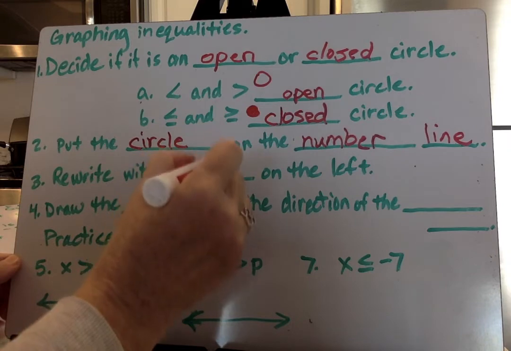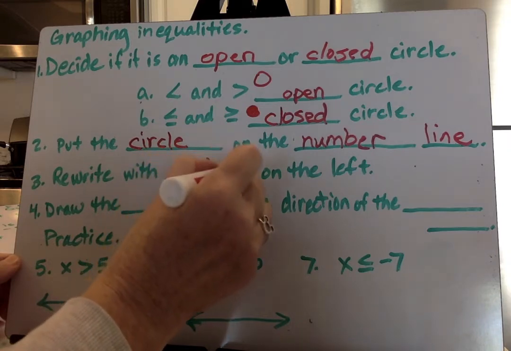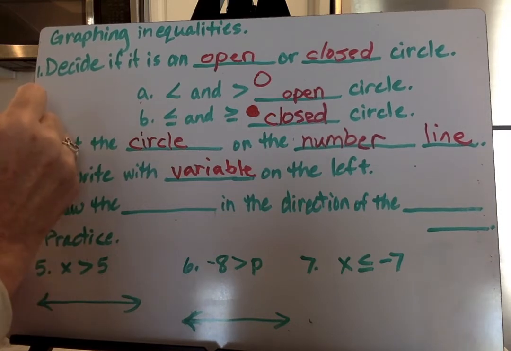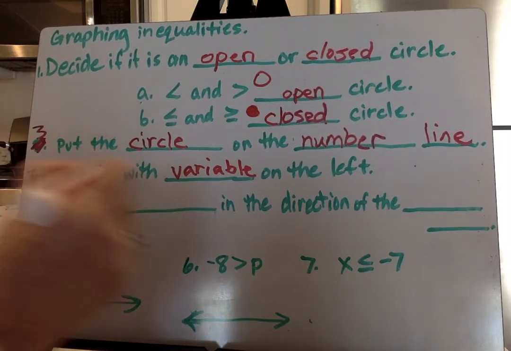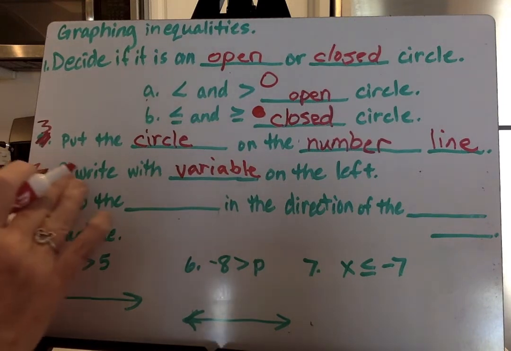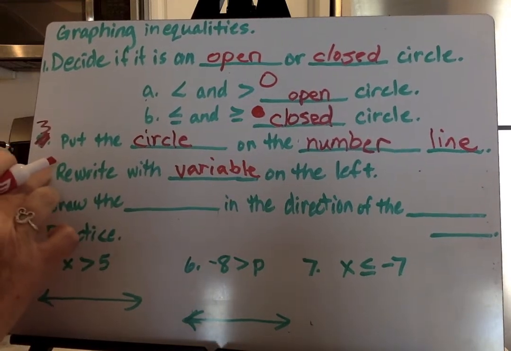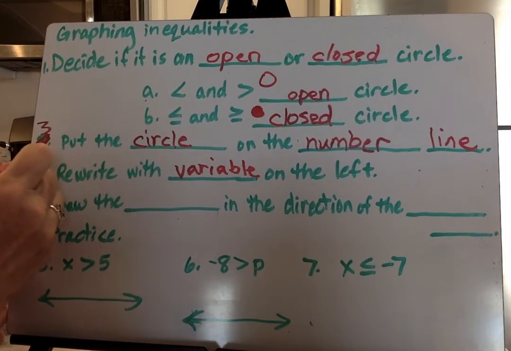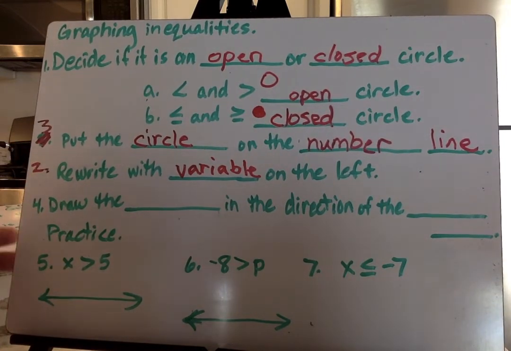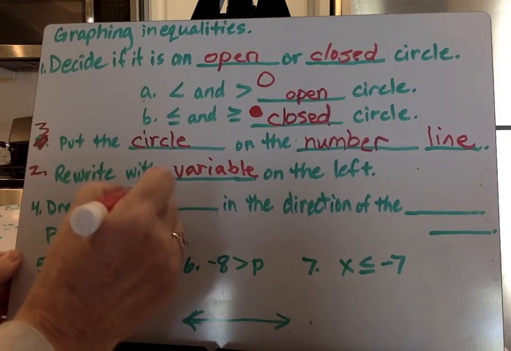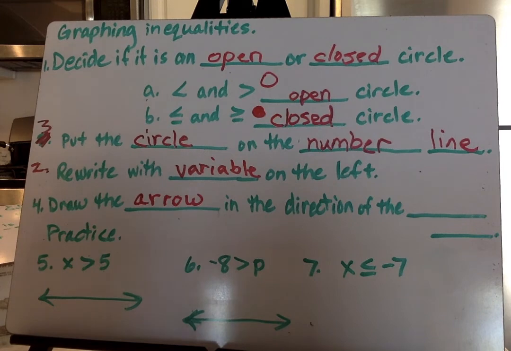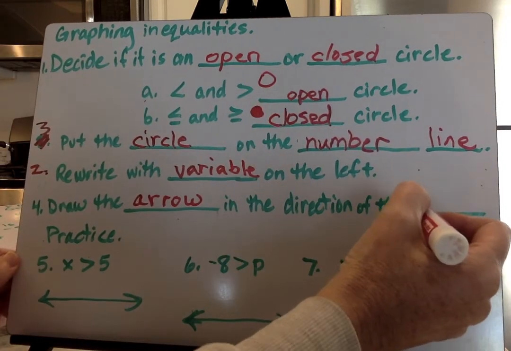In fact, I think if it were me, I would probably do that number 2, and I would do this number 3. After you've already switched the variable, make sure the variable's on the left. Sometimes you may or may not need to do that. If the variable's already on the left, you don't need to switch it, okay? Number 4, draw the arrow in the direction of the inequality sign.